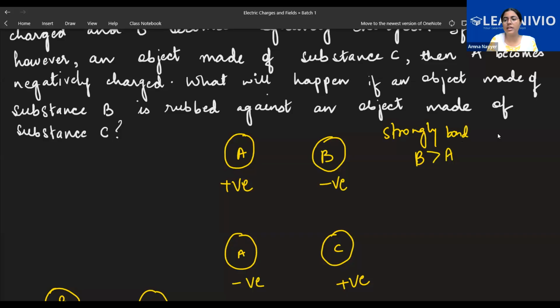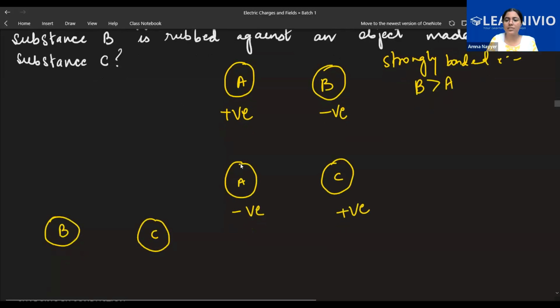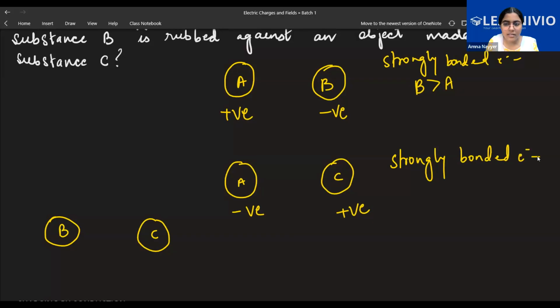And here in case of A and C, which has strongly bonded electrons? A has strongly bonded electrons than C. Now, Ali, look.